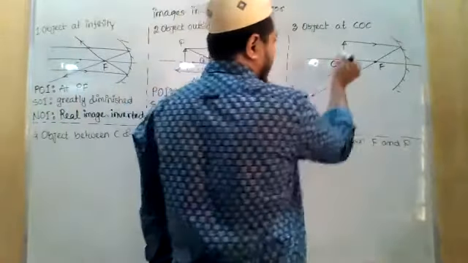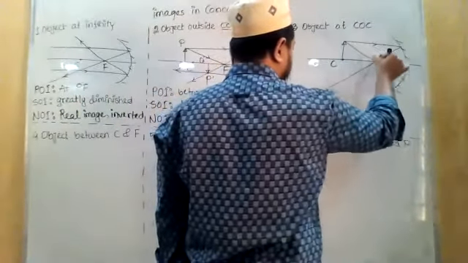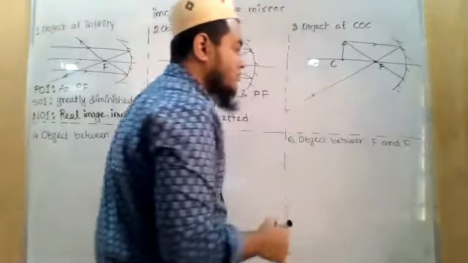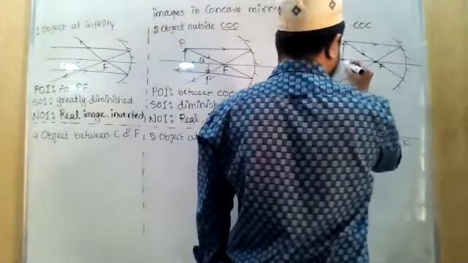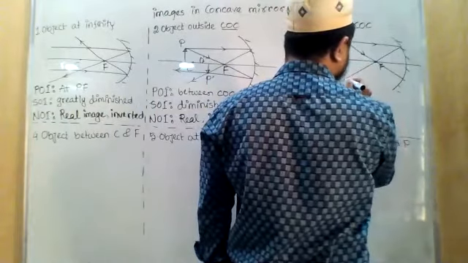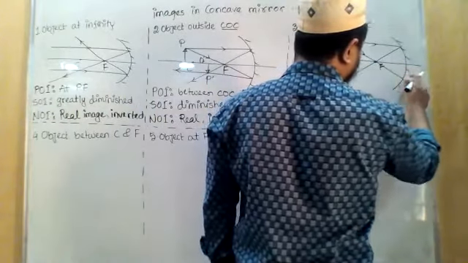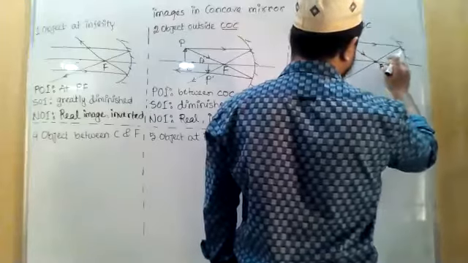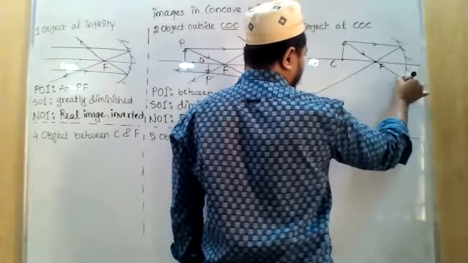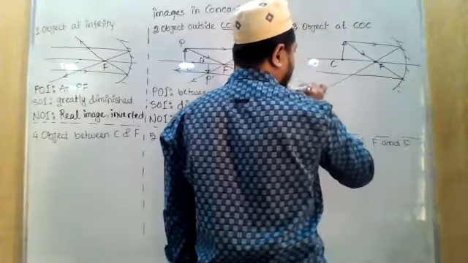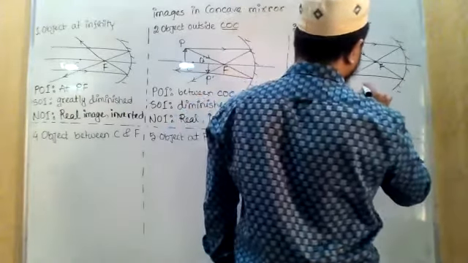Another ray we will draw that will pass through the principal focus, and after reflection, it will be parallel to the principal axis, okay? It will pass through like this.